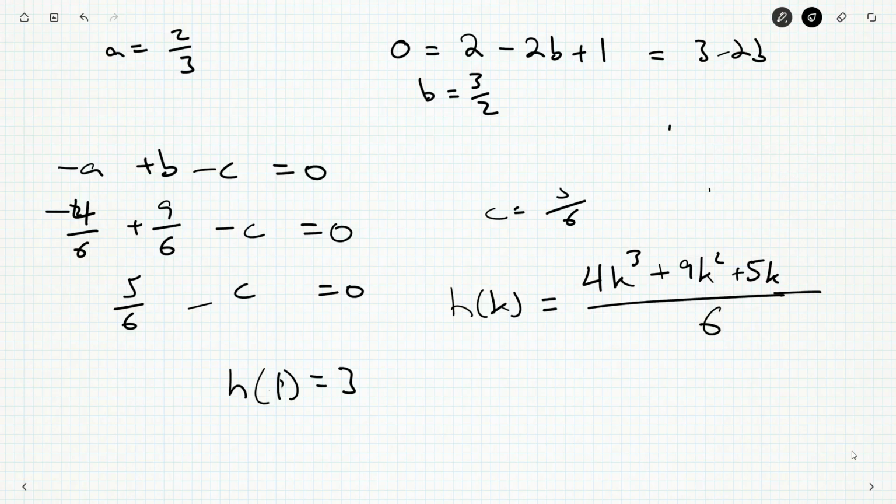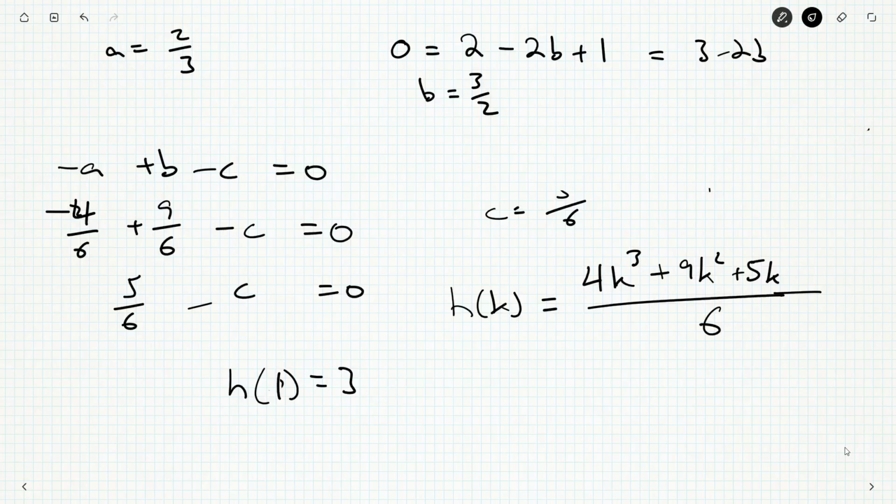So that'll be 4 plus 9 plus 5, which is 18 all over 6. And I don't know where I got minus 81 from anyway. Doesn't matter. Okay, so this really is h of k.